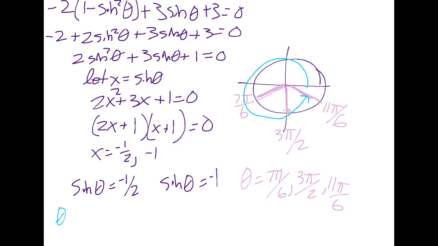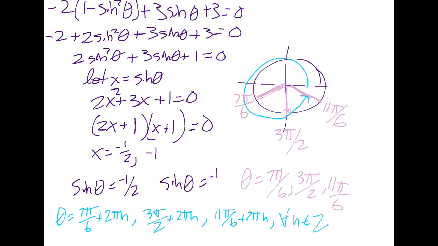So all I need to do is say that theta equals 7 pi over 6 plus 2 pi n, and also 3 pi over 2 plus 2 pi n, and finally 11 pi over 6 plus 2 pi n, and these are all for all n in the set of integers. That's just saying n is any whole number, positive or negative, any integer, and multiplying by the 2 pi is going to make us go around a full revolution, and that's all it is.